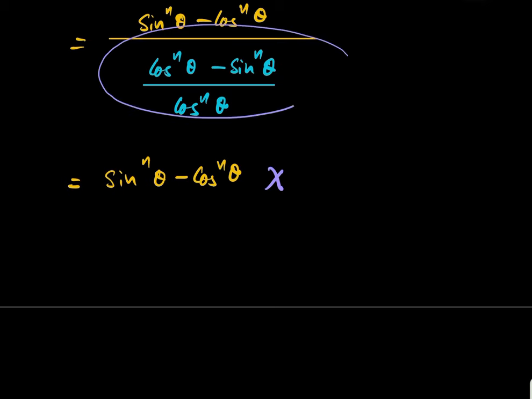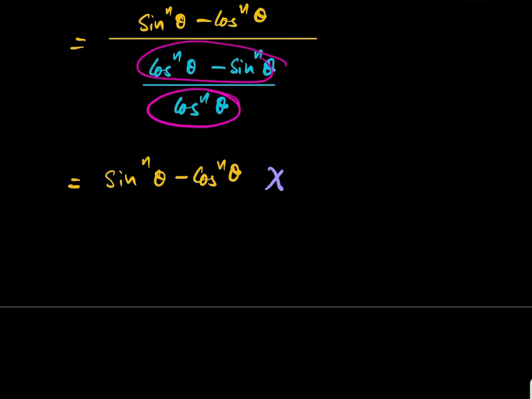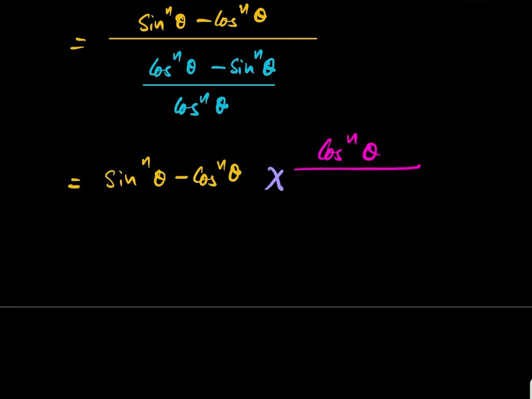This division changes to a multiplication. And the moment we do that, this becomes our numerator, and we call this the inverse. So we're going to have cos to the power n of theta divided by cos to the power n of theta minus sine to the power n of theta.